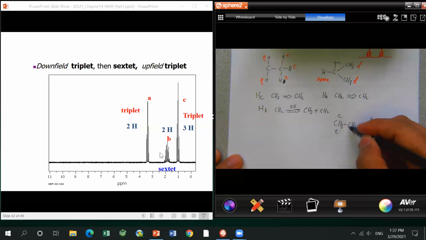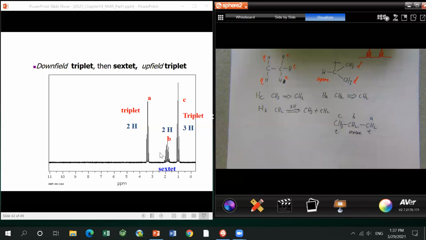The middle CH2, HB, has a total of 5 neighboring hydrogens, giving the sextet. So that's how you use the NMR spectrum to figure out the whole carbon chain. This is actually the NMR spectrum of propyl bromide, which also shows you the NMR pattern of a propyl group.